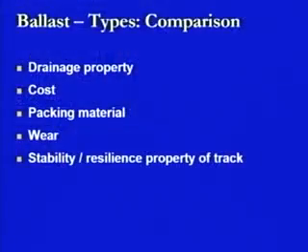Then another aspect is the stability or resilience property of the track. In all of the conditions, the resilience property of the track is available whatever material we are using, as discussed for those materials already discussed here. As far as stability is concerned, the stability is going to be a little more in the case of those materials which have higher strength properties as compared to the other materials.